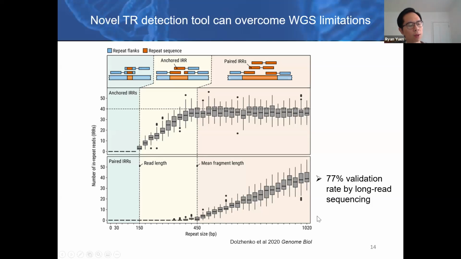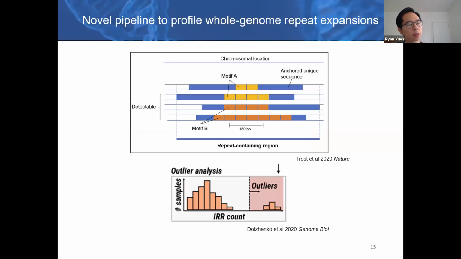Although, as I said, it's just an estimation. When we tried to validate the variants using long-read sequencing, based on one genome, we compared the results from ExpansionHunter Denovo estimation to the ones detected using long-read sequencing. Almost 80% of the loci were validated. So again, it proves that the method works.